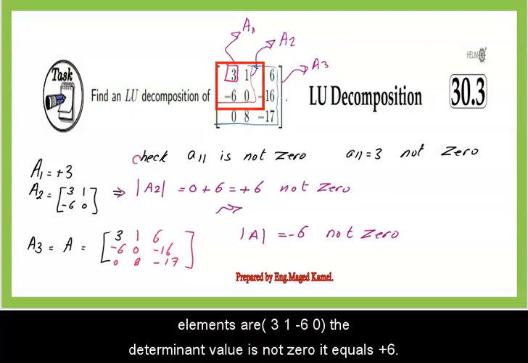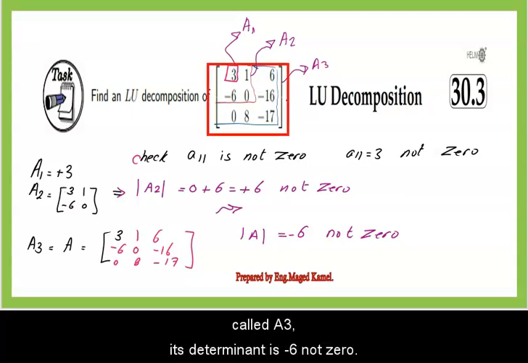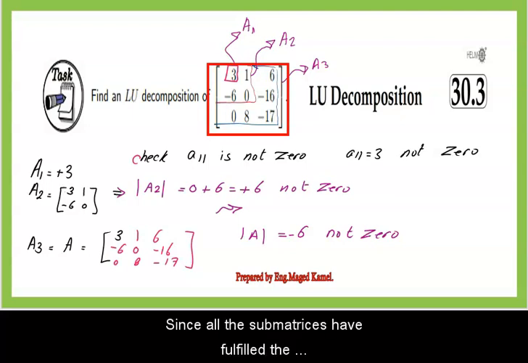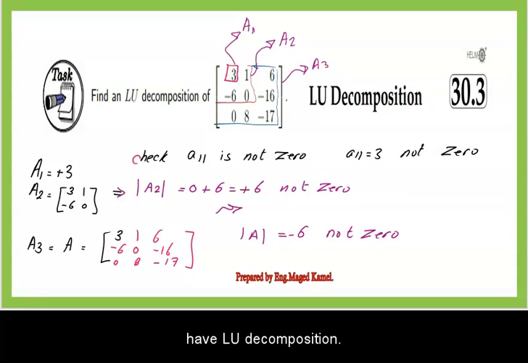The determinant value is not 0, it equals +6. Finally, the entire matrix, which is called A3, its determinant is -6, not 0. Since all these submatrices have fulfilled the requirement, then the given matrix can have LU decomposition.